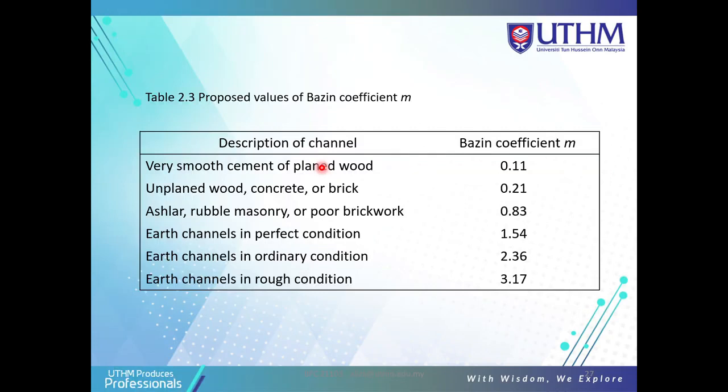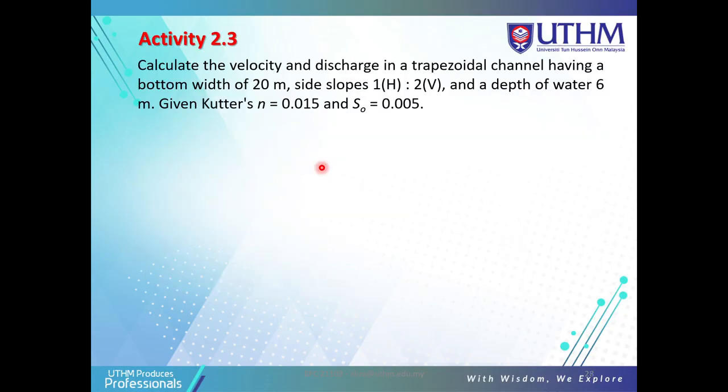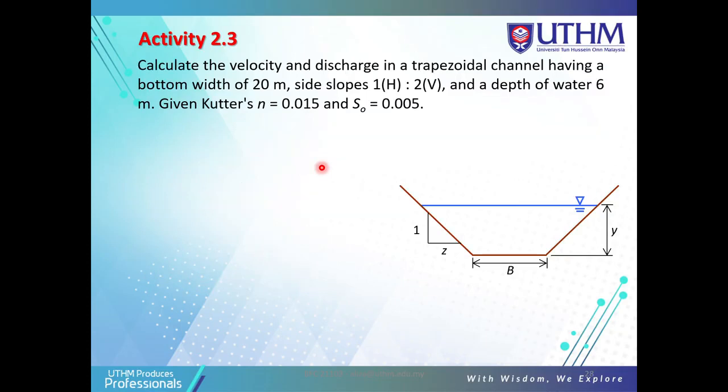If we use the Bazin coefficient to get the C, the value of m is given. Just look at activity 2.3 using the Kutter's, the Ganguillet-Kutter formula to get the C.